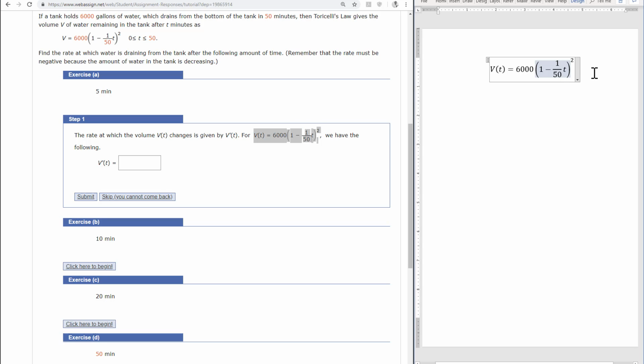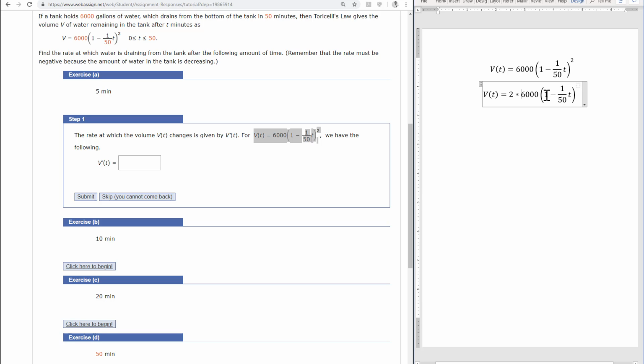And so what we need to do is take the derivative of this. Off to the side, you would probably want to do this on a piece of paper. We're going to take the derivative of this function V. When I do this derivative, I would take this power down, so it's going to be 2 times 6,000.